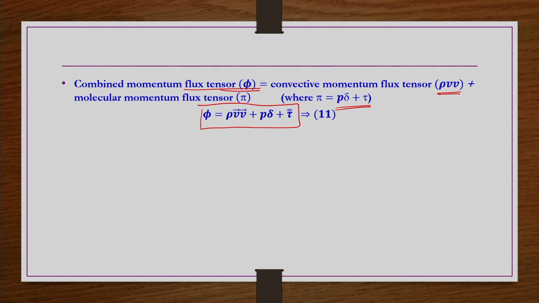Now, if you write for individual components, like the convective component and the molecular transport component individually, then you will be writing 3 terms at each point and in one direction.